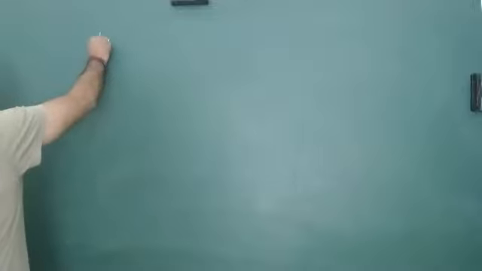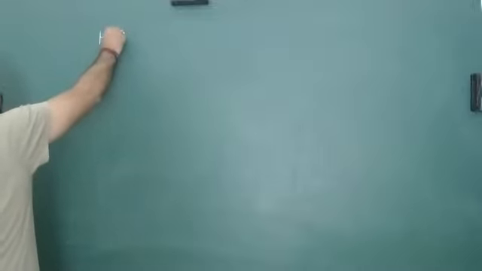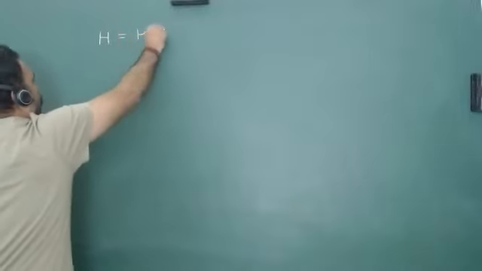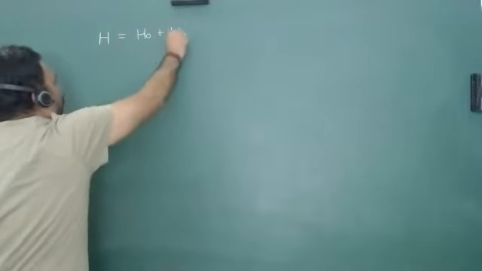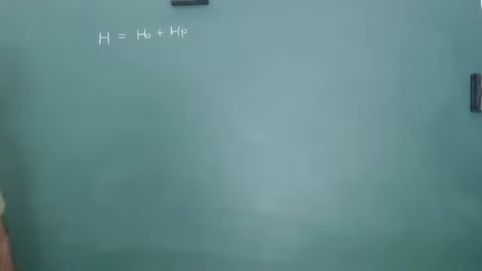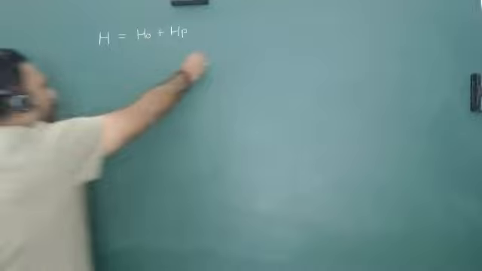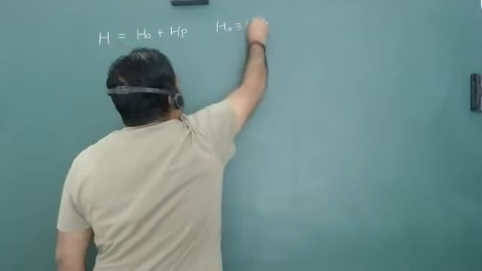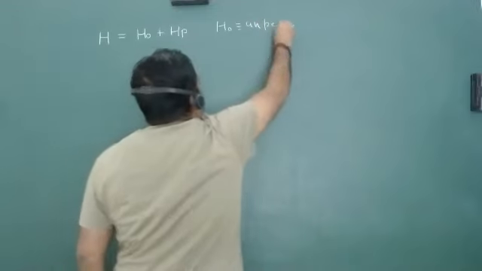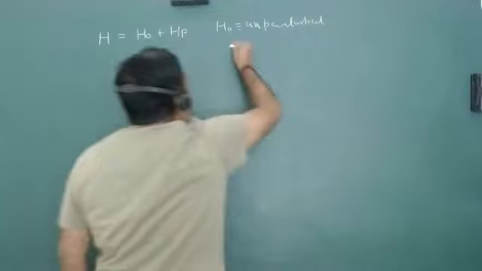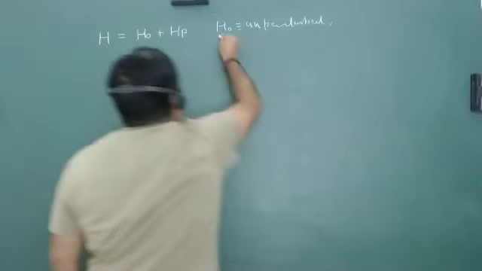So what we have is H equal to H naught plus HP. What is H naught? Unperturbed Hamiltonian. And HP is the perturbed Hamiltonian.